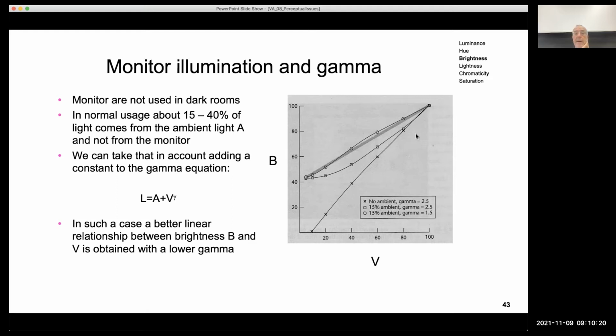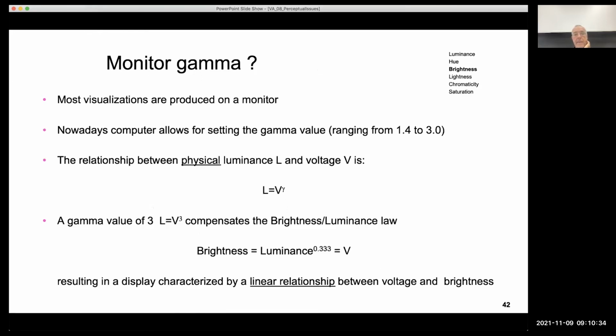But having a gamma of 1.5 corrects it. So the idea is that we tune this gamma to compensate for that. The basic idea was to have a linear relationship between the voltage, the physical energy that we give to the pixel, and the brightness.